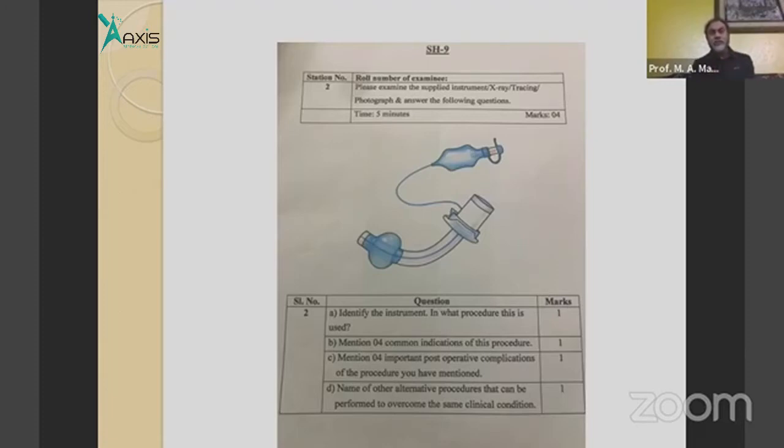This is a classical, logical definition of tracheostomy. As you know, a fistula is a communication between two epithelial surfaces. One is the tracheal epithelial surface, and the other is the skin.